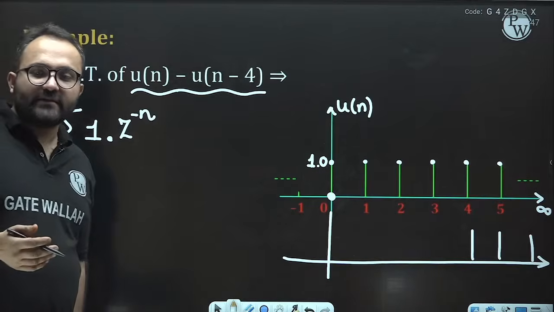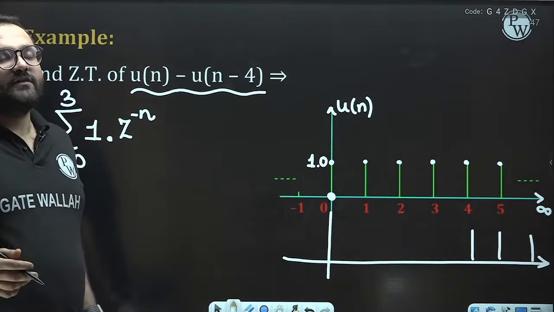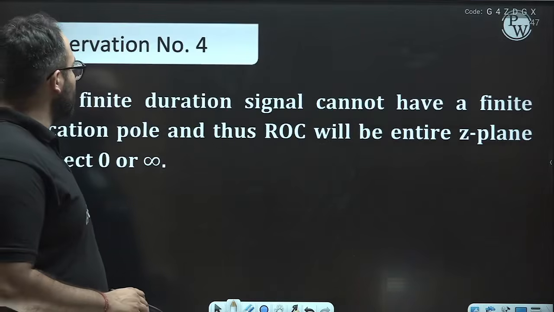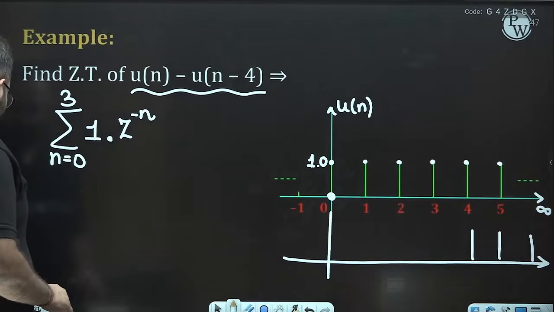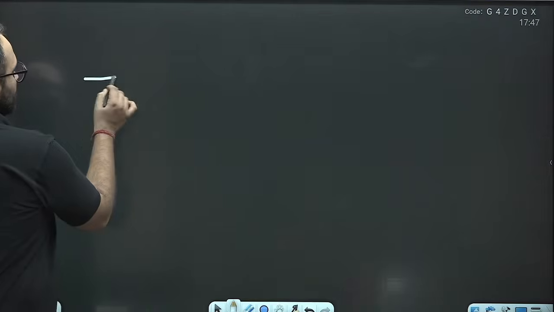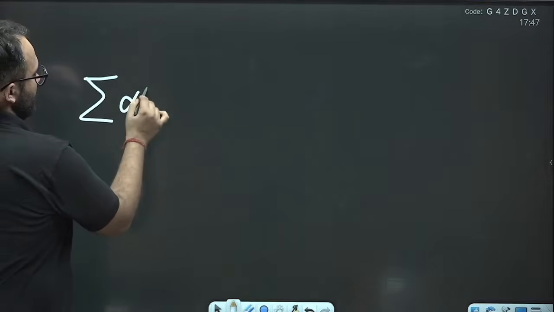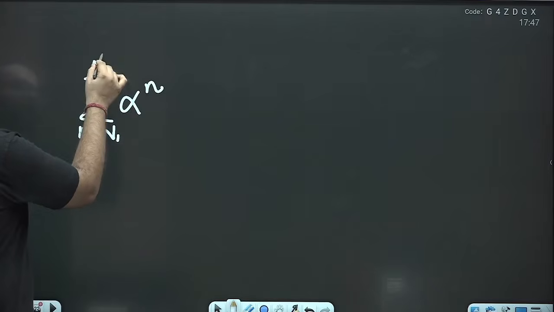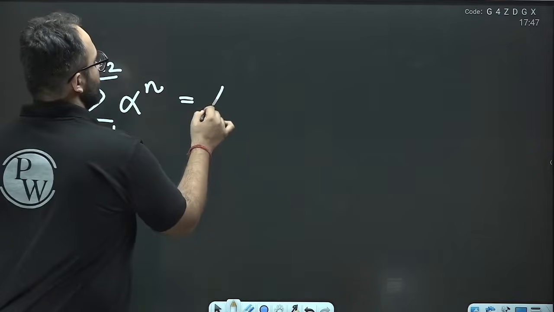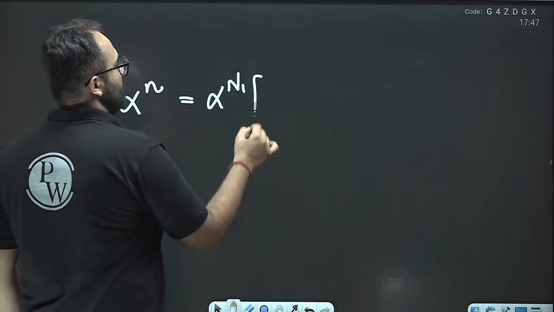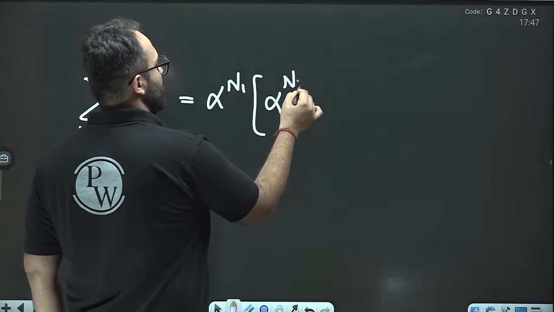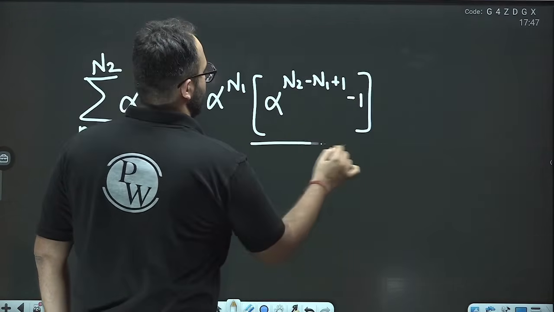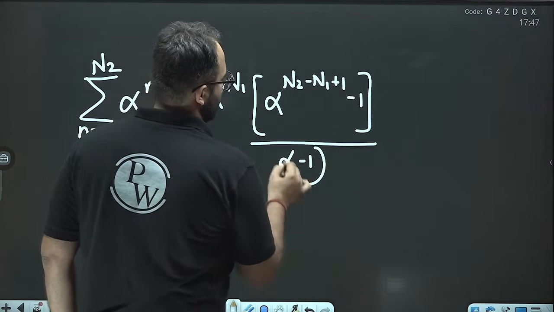Before writing the result, let me tell you one more summation formula for GP that is very important, and I hope that you all remember it. Summation of alpha to power n from n1 to n2 equals alpha to power n1 times alpha to power n2 minus n1 plus 1, minus 1, divided by alpha minus 1.